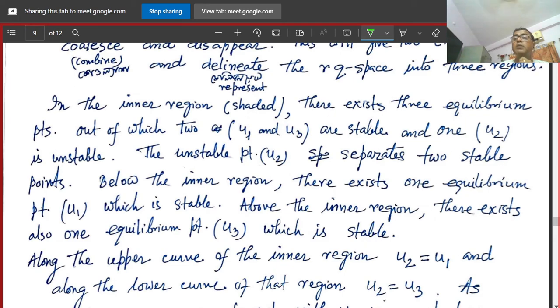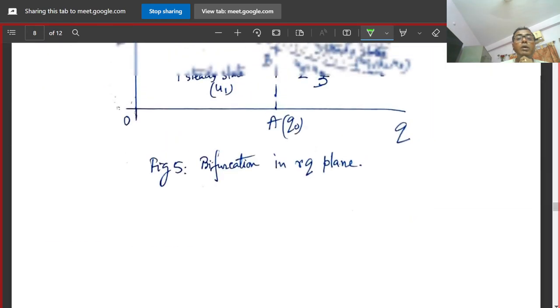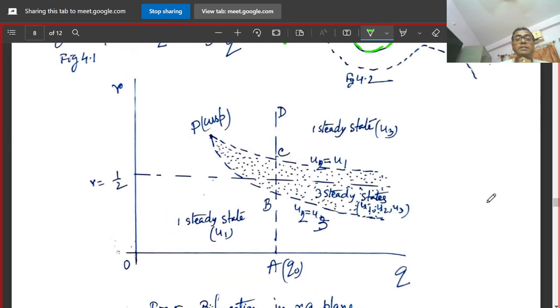And the explanation in the RQ space: in this shaded region, three steady states, three equilibrium points, and outside this, along this curve u2 and u1 coincide, and along this curve the equilibrium points u2 and u3 coincide.